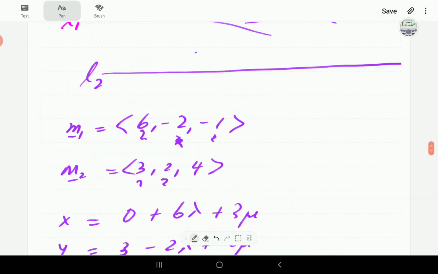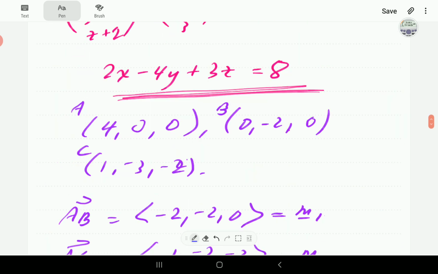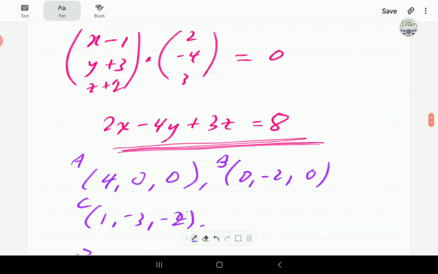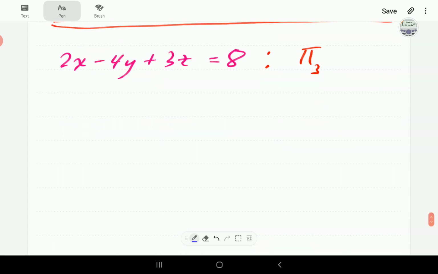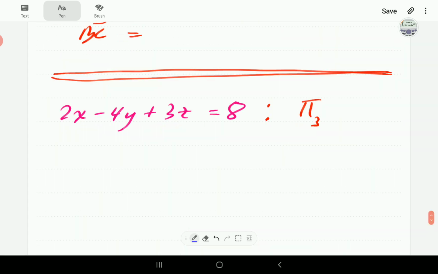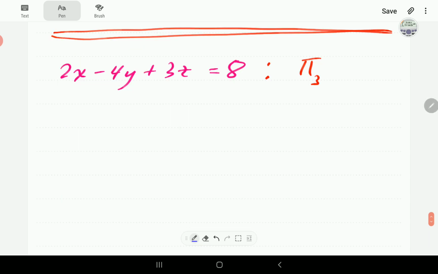So pi 3, the scalar form of the equation there, or did we already have it? Yes, we already have it this side. Okay, so this is example number E.